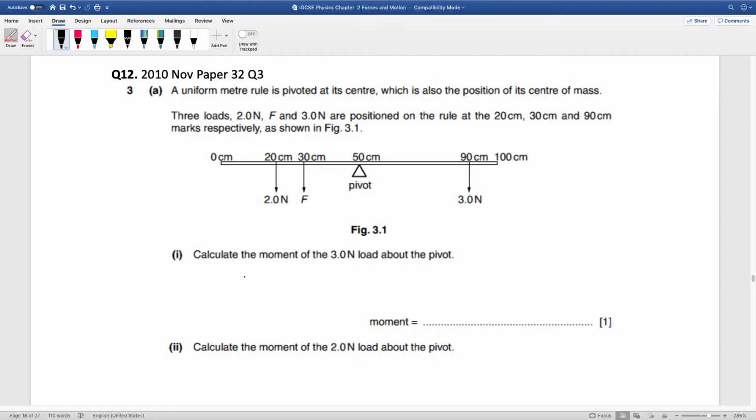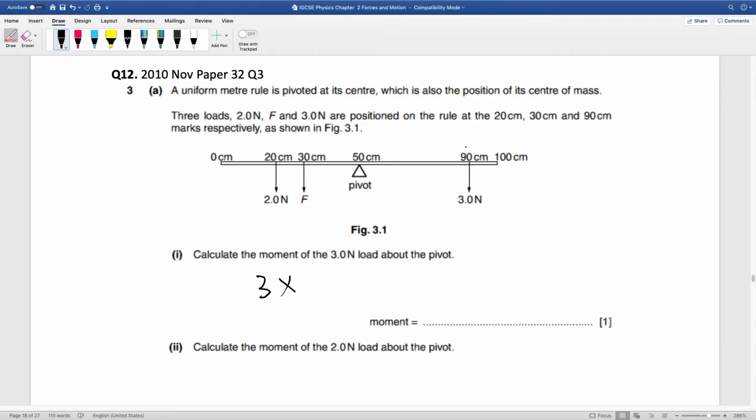Now, the moment of the 3 Newton force is the force times the perpendicular distance. What is the perpendicular distance? 90 cm here, 50 cm here. The distance is 40 cm.